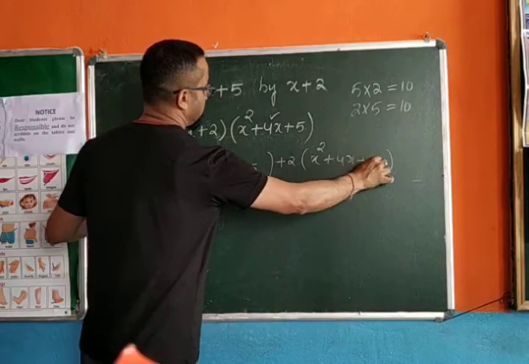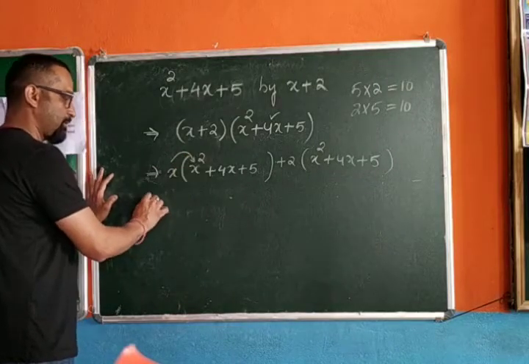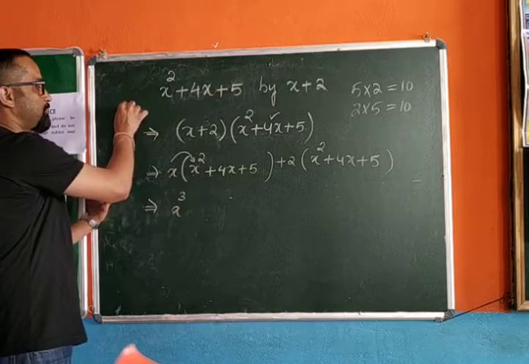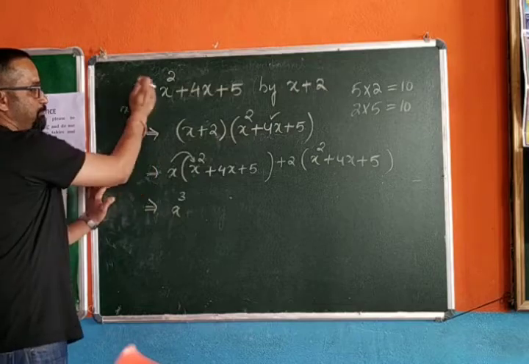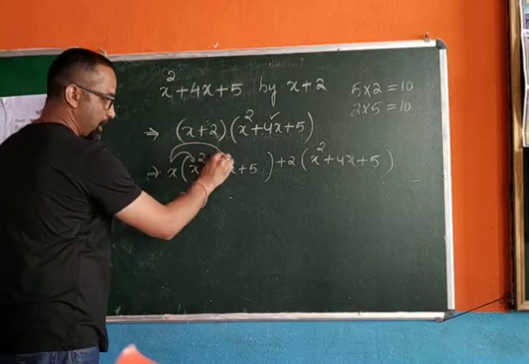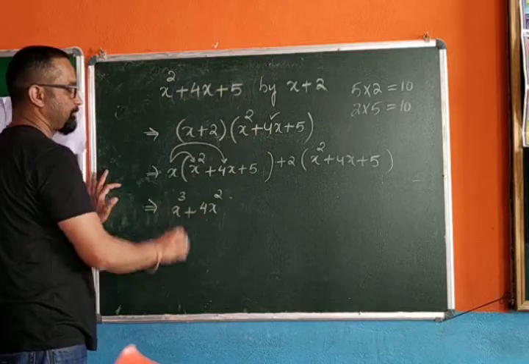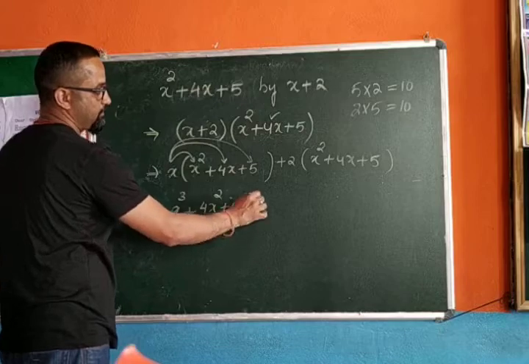Now you multiply first one. X multiplies x squared is x cube, because x power is 1 and power is 2. Power gets added up. X multiplies 4x, 4x squared. X multiplies 5, you get plus 5x.